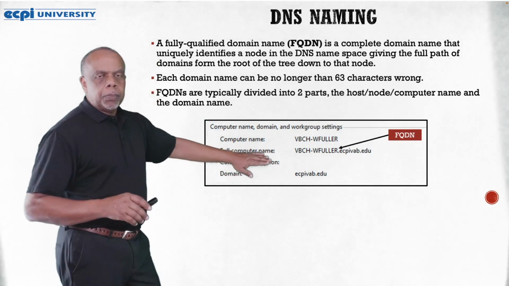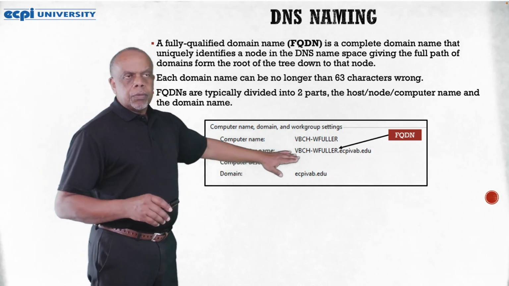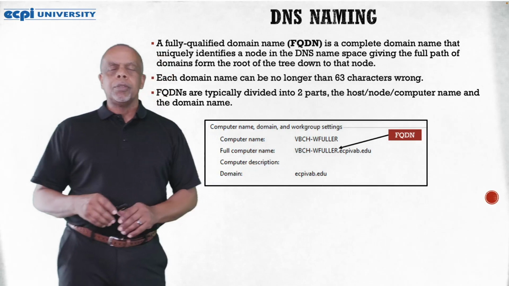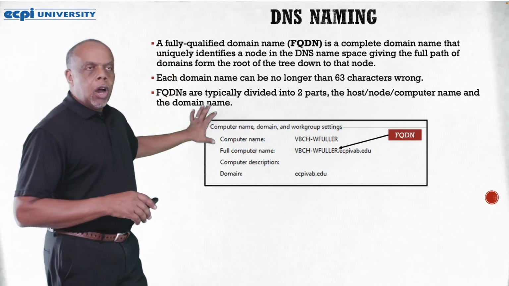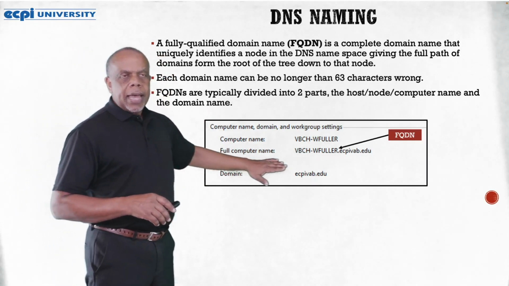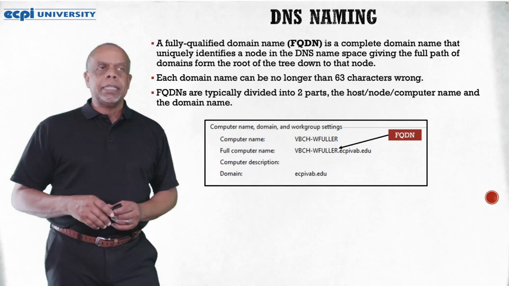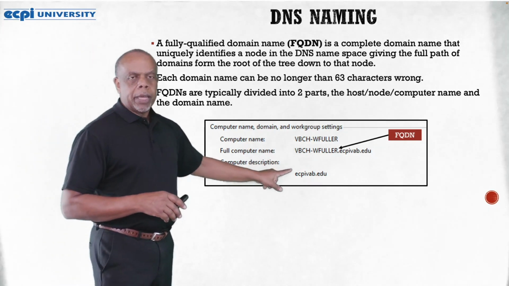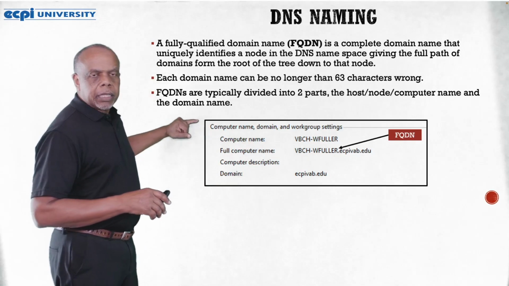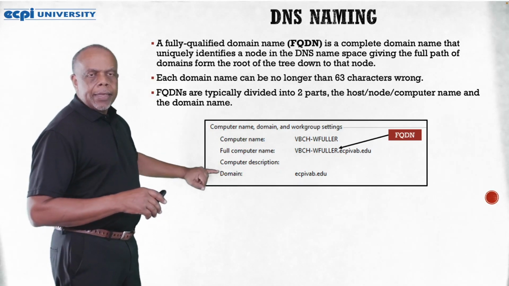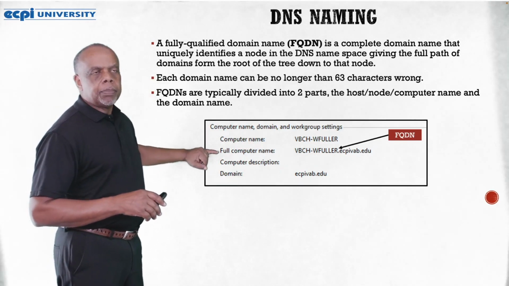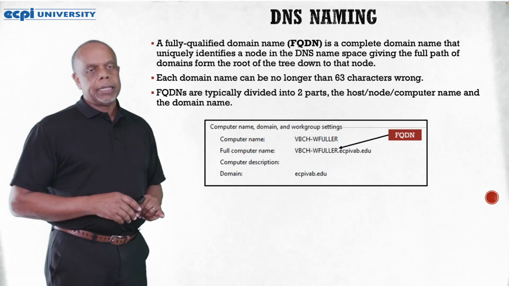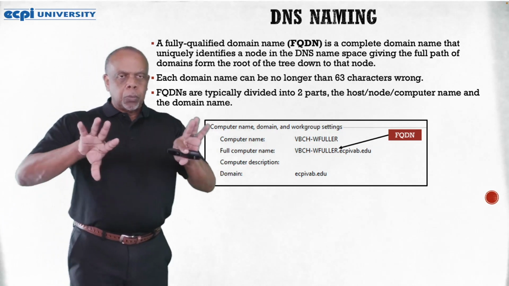This computer, VBCH-W Fuller, is the host name. It resides on the .ecpivab.edu domain. So these two pieces together, the computer name and the domain name, make up the fully qualified domain name. That's two parts.